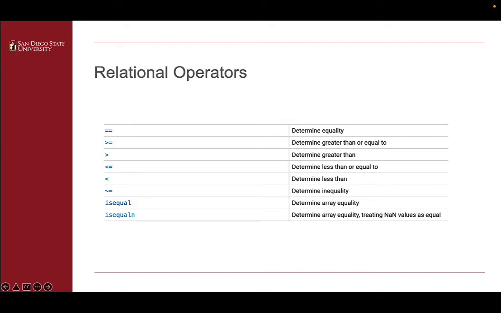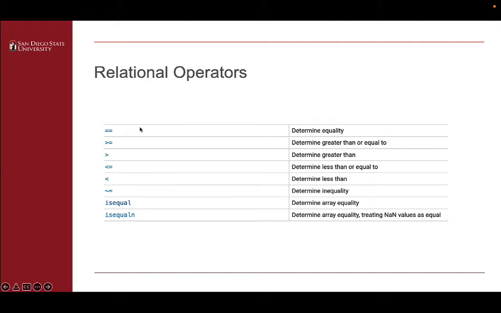We will see all of them. In here we have 1, 2, 3, 4, 5, 6 relational operators and 2 functions to measure the relation between two or more variables.